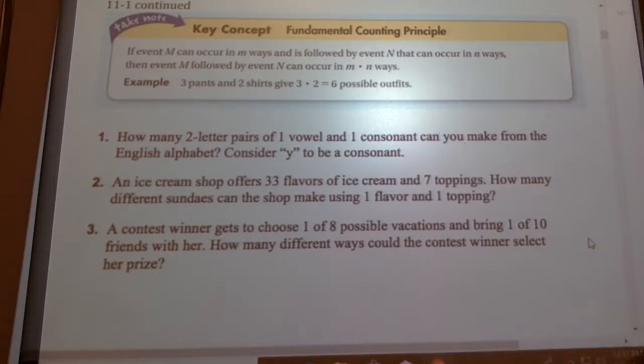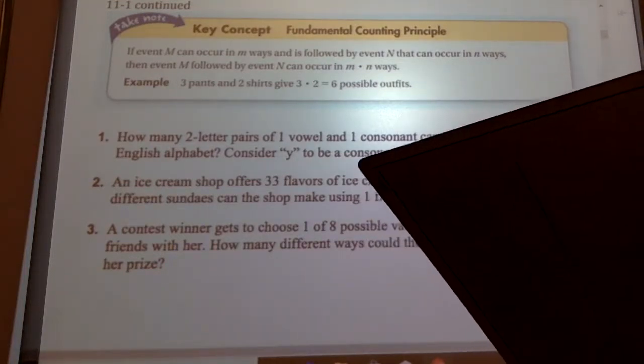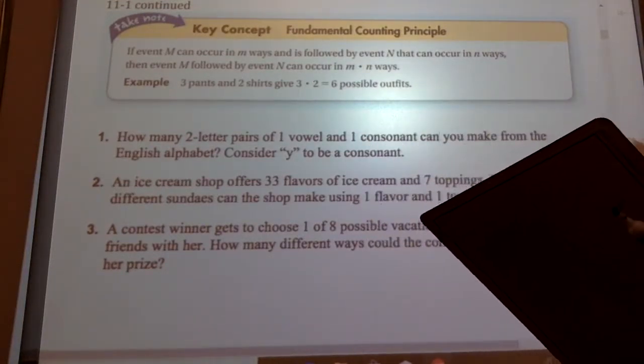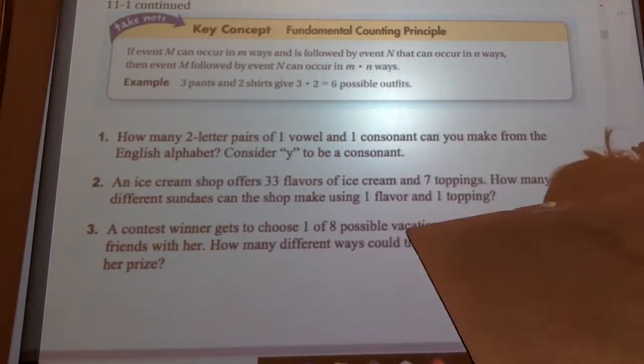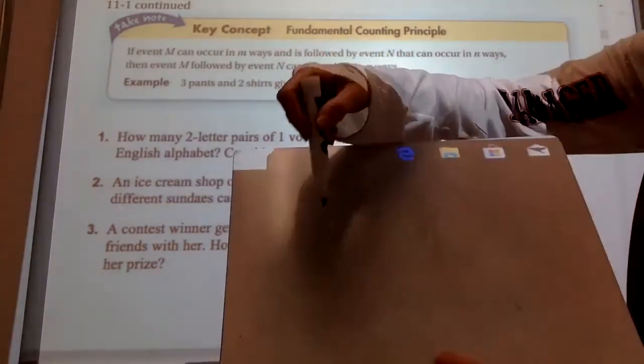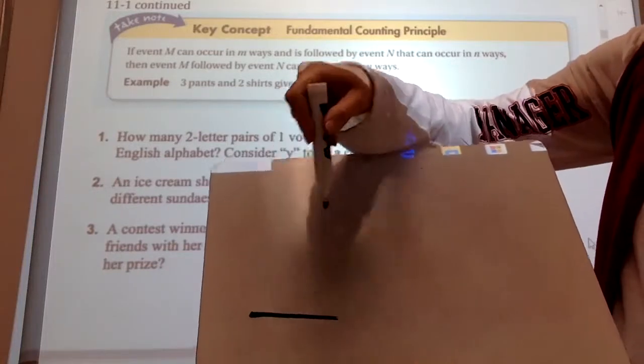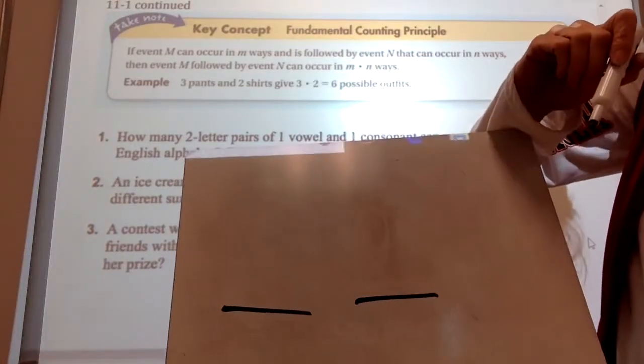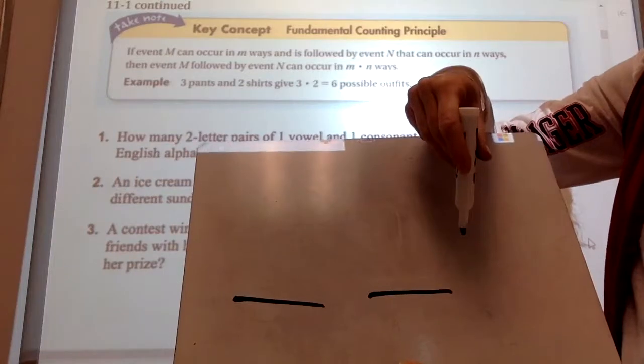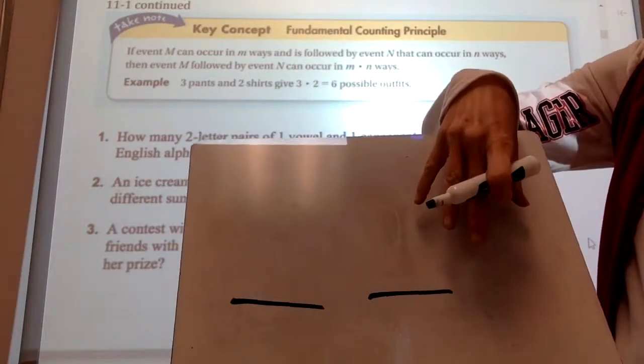An ice cream shop offers 33 flavors of ice cream and 7 toppings. So you get to go in this ice cream shop, and you first of all get to pick a flavor, and then you get to pick a topping, right? 1 flavor, 1 topping. So you're picking 1 of each category.